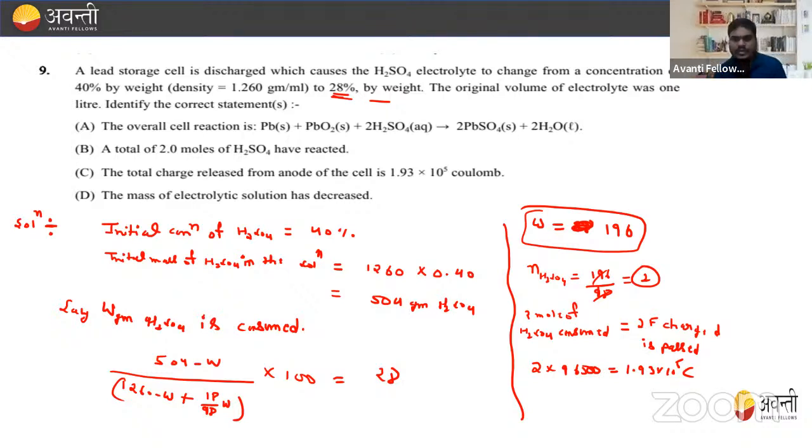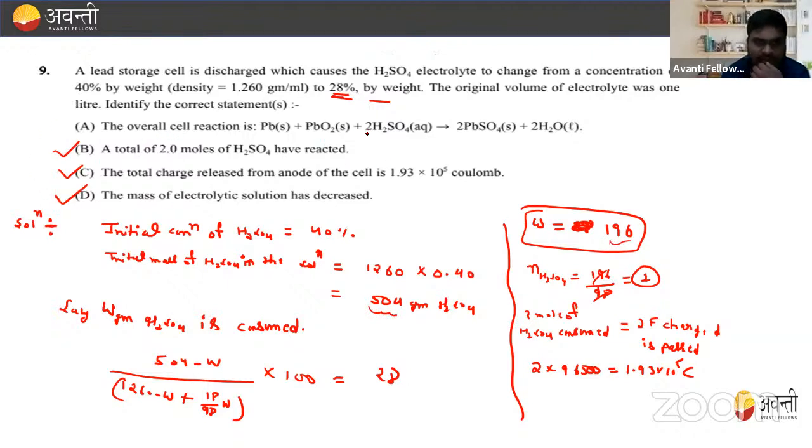The total charge released from the anode of the cell is 1.93 into 10 to the power 5. This one is correct. A total of 2 moles of H2SO4 have been consumed. Yes, this one is also correct. The mass of the electrolyte solution has decreased. Initially, it has a mass of 504, and after this, it has a mass of 196. So this one is also correct.